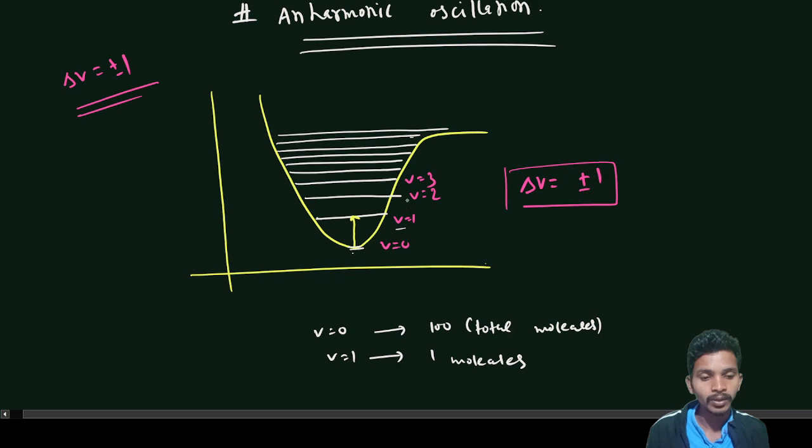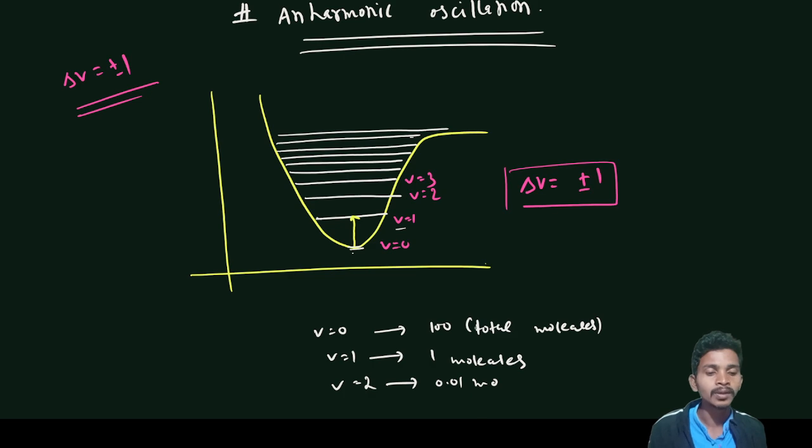For v equal to 2, we get 0.01 molecules, meaning 1% of the ground state is available in v1, and 1% of v1 exists in v2. So going to higher energy, the population decreases to 1% of the previous one.